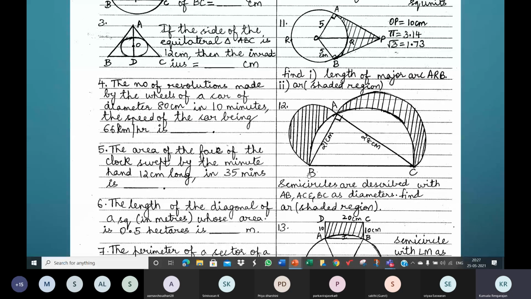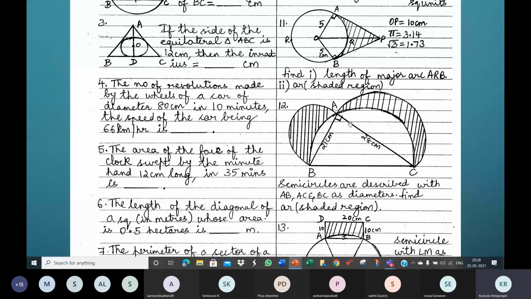So the 12th one, children, you see a semicircle. This arc is a semicircle with BC as diameter. This arc is a semicircle with AB as diameter. And this arc is a semicircle with AC as diameter.